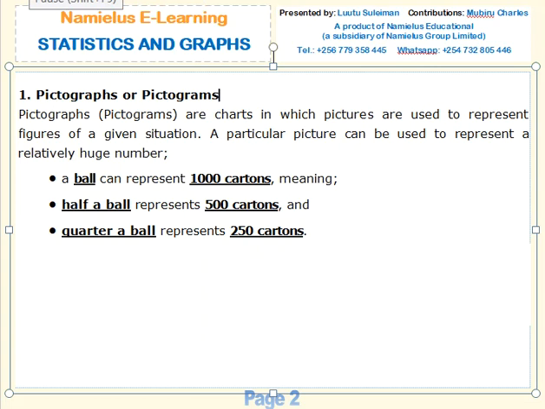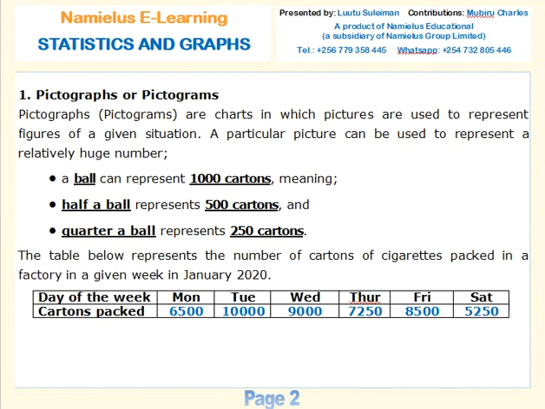That's the quarter. I think you are getting that proportionality. So from figures to a picture.